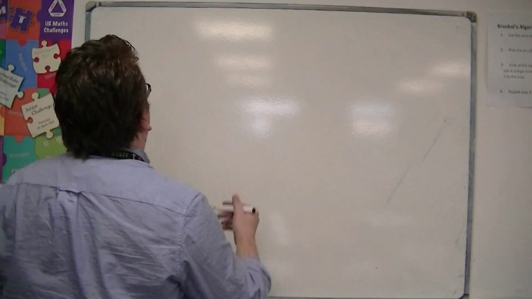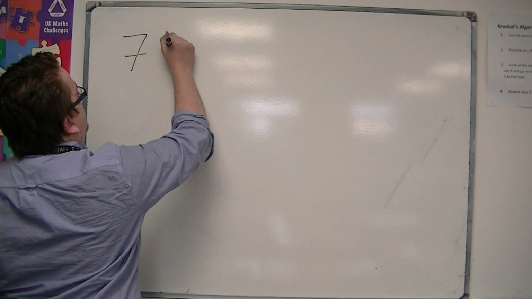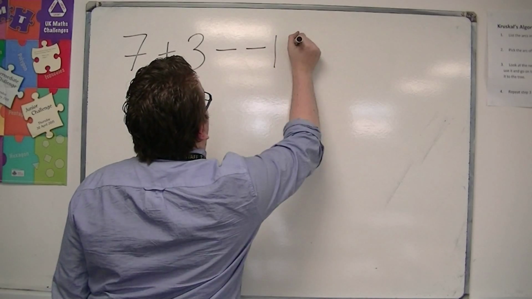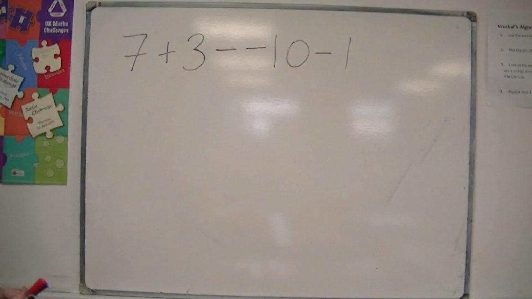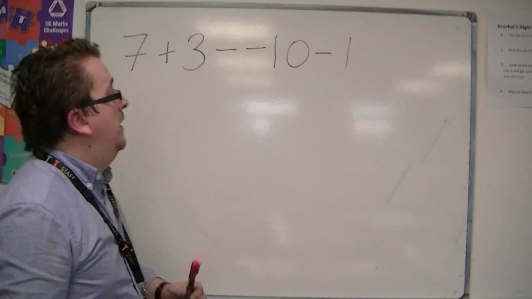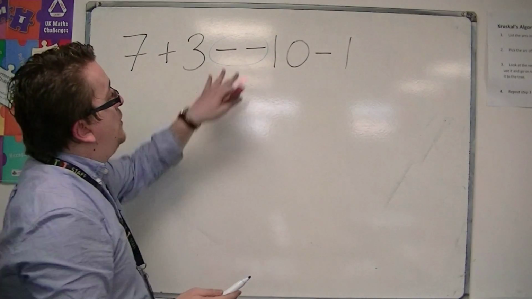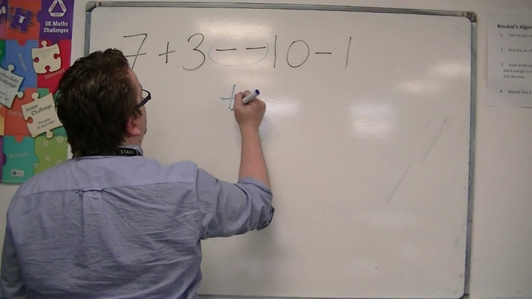If you were given something like 7 plus 3 take away minus 10 take away 1, then in this case, what you could say to yourself is, right, okay, what I've highlighted here is that there are two minus signs next to each other, so that makes a plus.